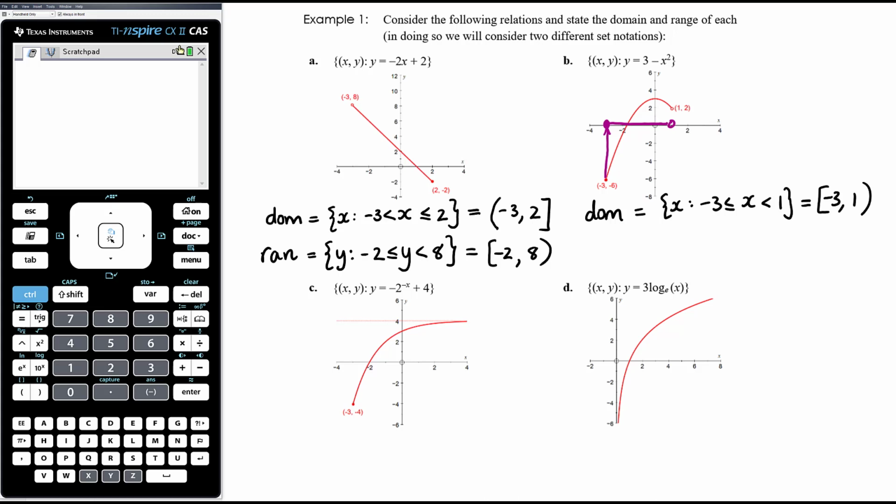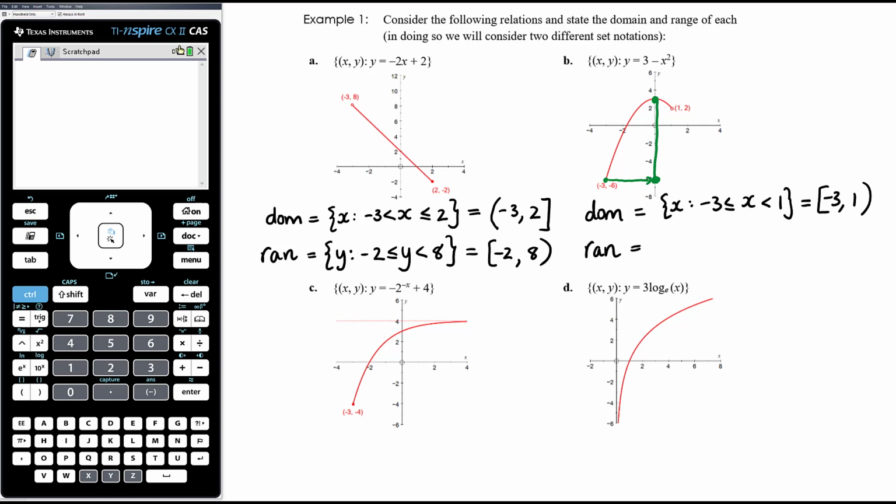Okay. The range in this case, be a bit careful here because sometimes people get bamboozled by the endpoints. The smallest y value corresponds to this endpoint here. It's there, and that's an included point. The biggest y value is not at this end point. The graph gets higher than that. The biggest y value is at the turning point, and that's also an included point.